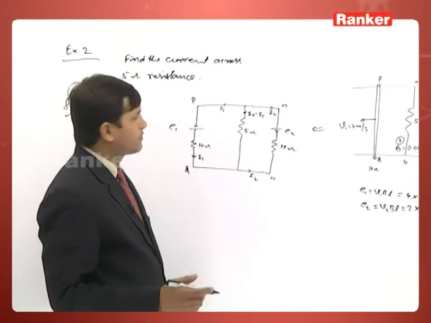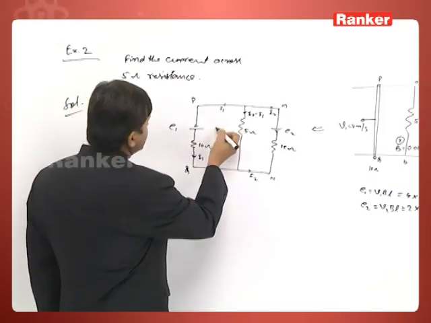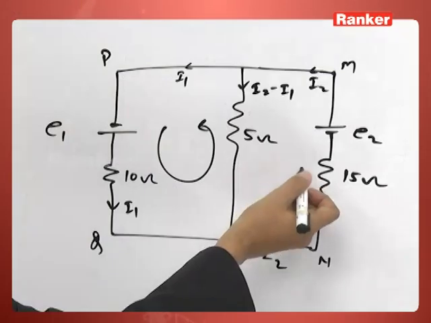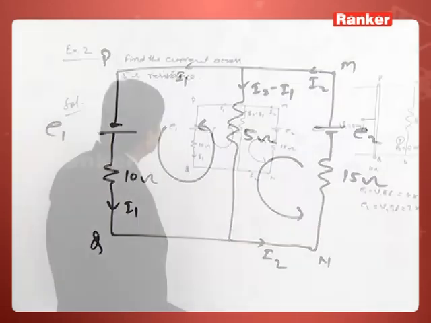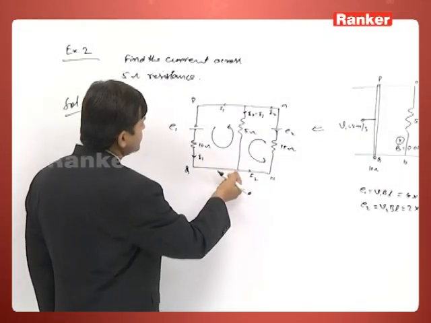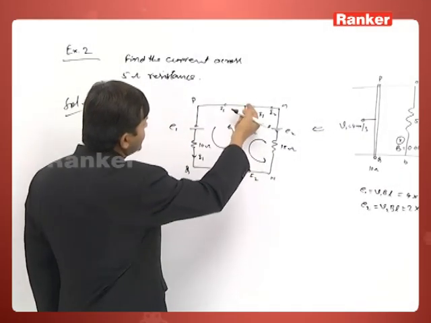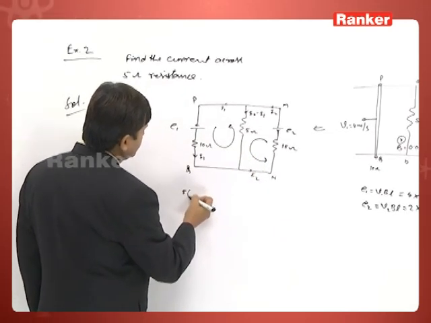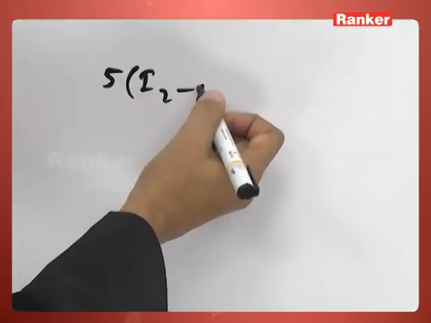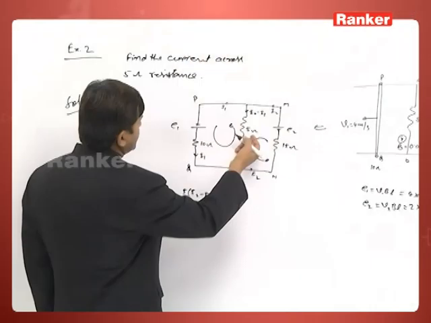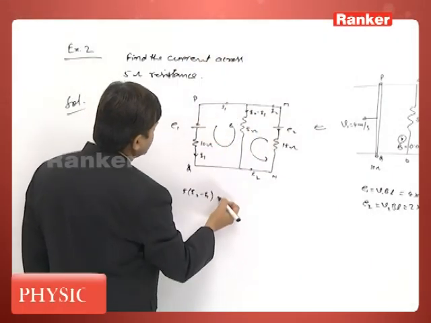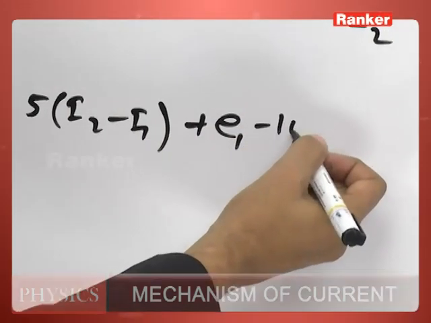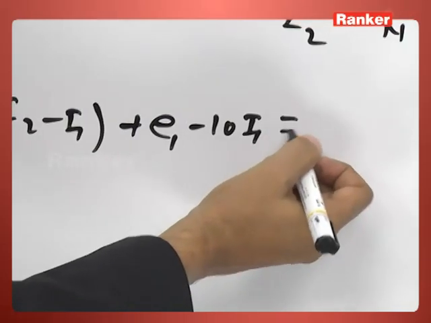Now apply Kirchhoff's law. We are starting from here, going in that side, with current in this direction. So positive 5 times (I2 minus I1), and then plus E1 and minus 10 I1, which is 0.